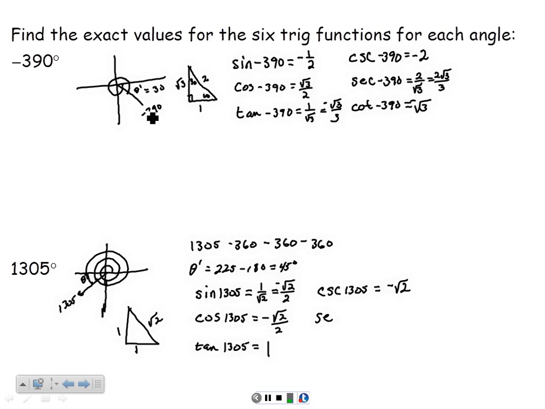Secant of 1305 is going to be negative, same thing, square root of 2. And then cotangent of 1305 is going to be 1 again, positive. So again, if you have something bigger than 360, you're going to have to use your reference angles.